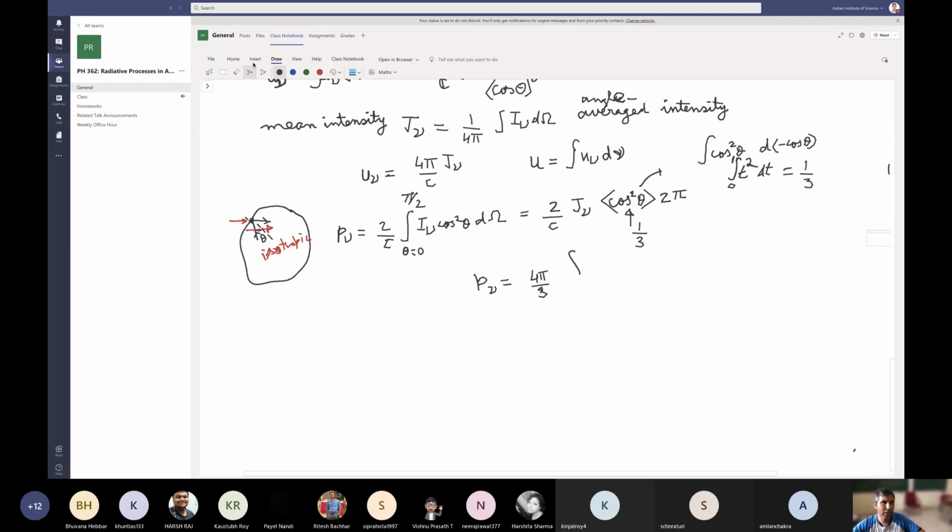What I'm actually doing now is integrating. So 4 pi by 3, J nu. I'm actually integrating over frequency too.